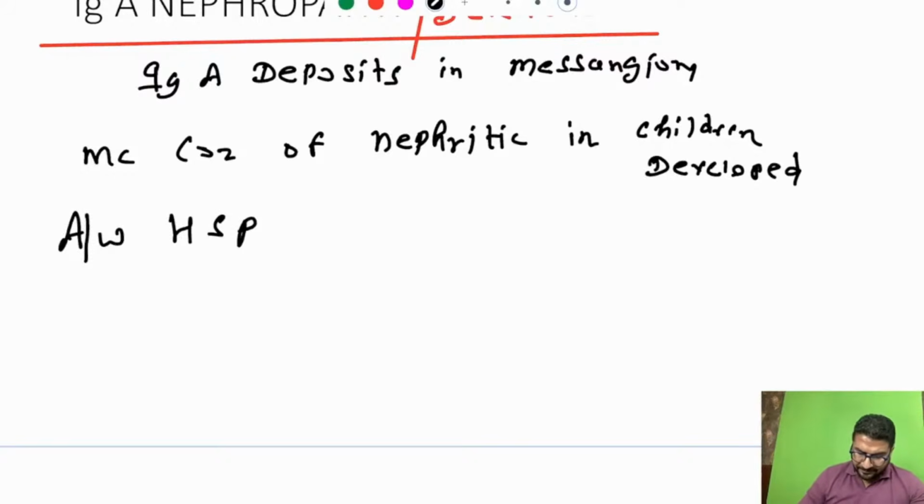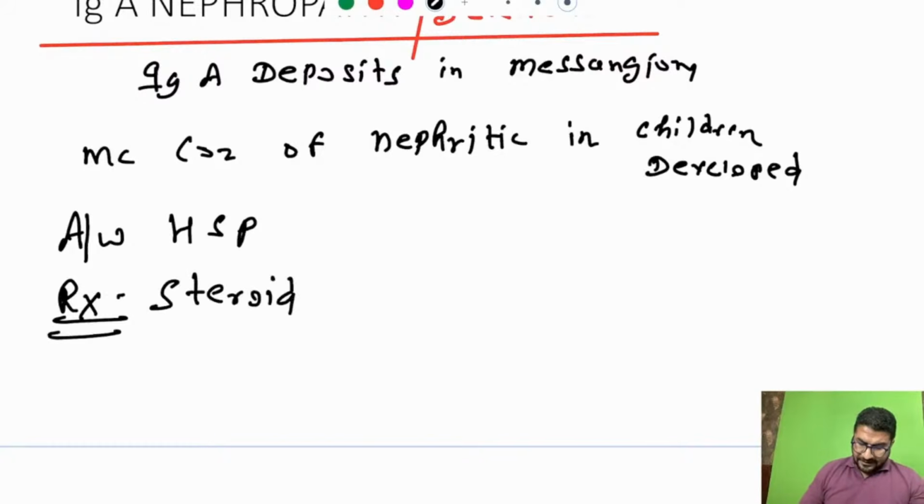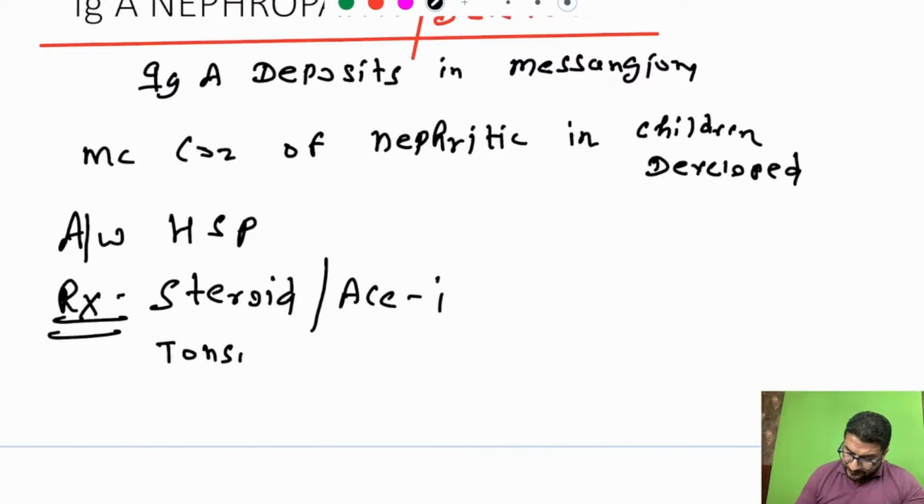HSP means Henoch-Schönlein purpura. How are you going to manage? In treatment, we can use steroids, right? If you want to control BP, then we can use an ACE inhibitor. These antibodies are triggered from the tonsils, so remember, there is some role of tonsillectomy in these patients. Even fish oil has a role here, cod liver oil, fish oil.